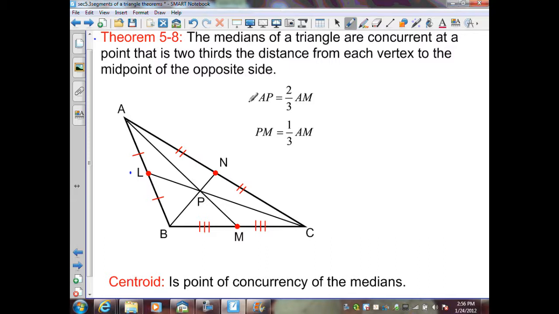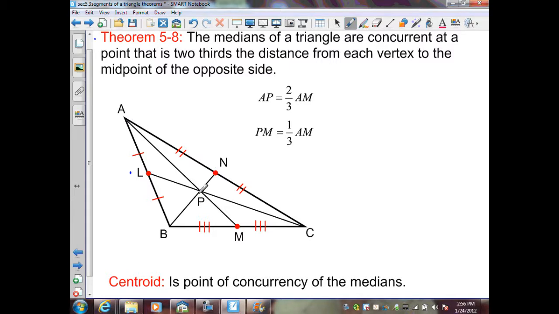Here, the centroid is defined in theorem 5.8 so that segment AP is 2/3 of the entire median. PM is therefore 1/3 of the entire median. That tells me that from each vertex to the centroid is 2/3 of the entire length of the median.